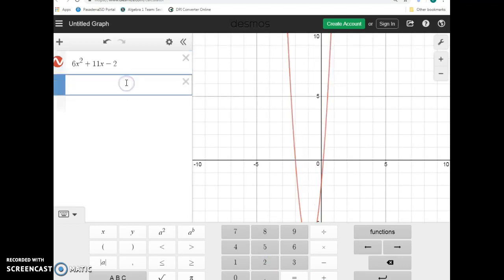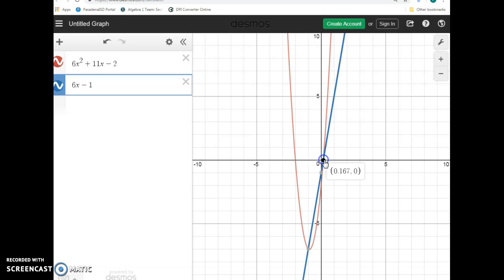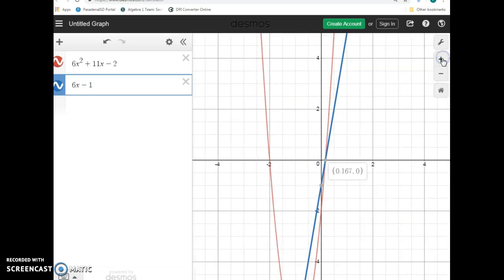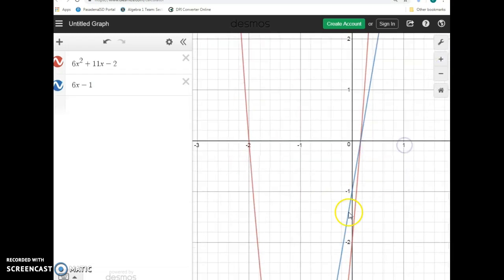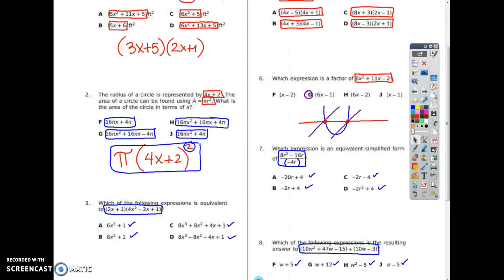And start typing the answer choices, right? We already know that it's G, so I'm typing 6x minus 1 and see that it goes through the solution. If you need to zoom in, but this blue line goes through that solution. That's why it's one of the factors. It just has to go through one of these two, okay? Or you can factor it by hand like we've been doing it and get that answer.